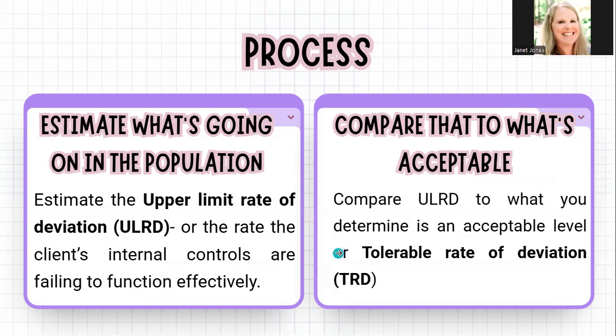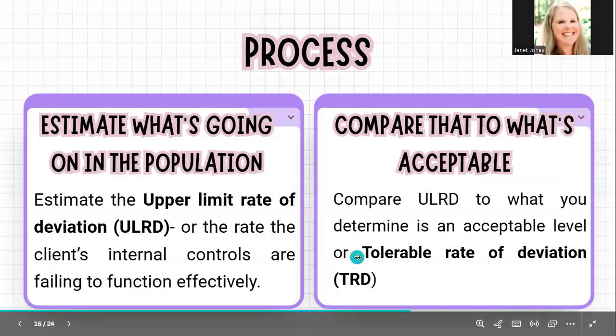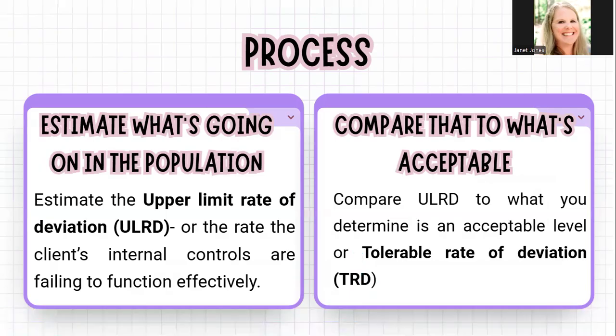We're going to start off by saying, okay, I know what this control is. I know what's supposed to be happening. What would be an acceptable level where this wouldn't work the way that we think it is? That's that tolerable rate of deviation. Then we're going to go about all of our testing. We're going to pull all of our items and we're going to say, okay, what's our estimation? That's going to be this upper limit rate of deviation.